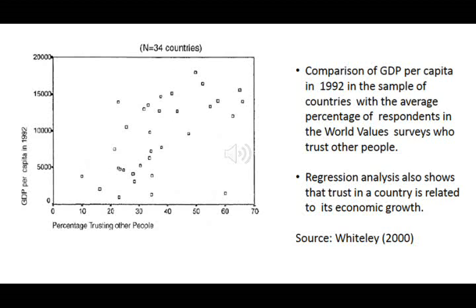And as you can see from this scatter plot, that looks like a positive relationship between the GDP per capita and the level of trust.